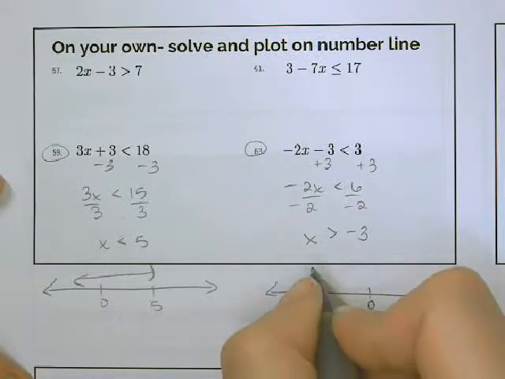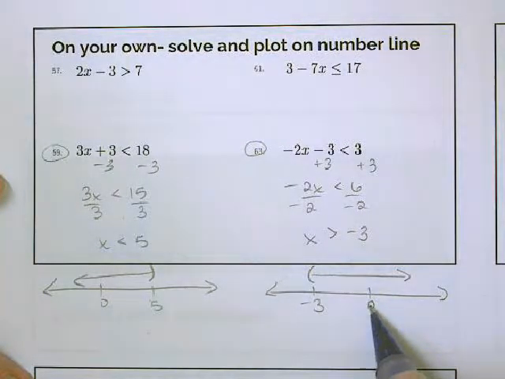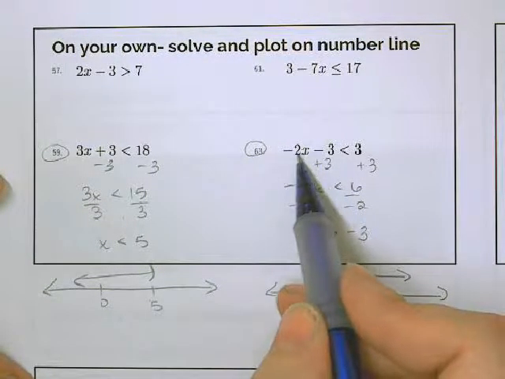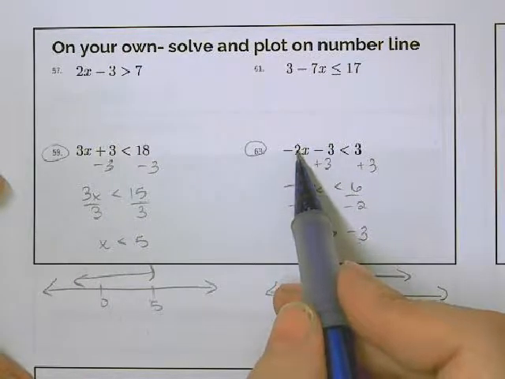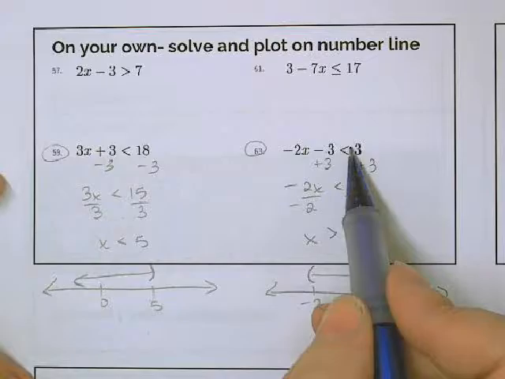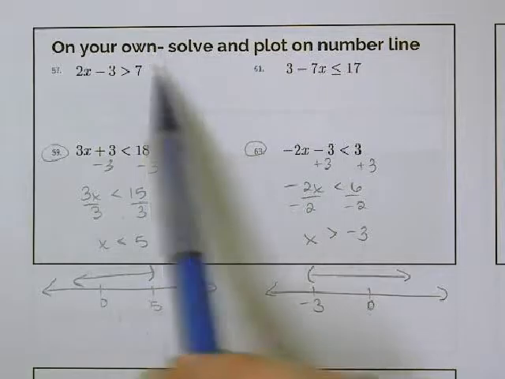And if I put 0 in there into my original, I get negative 2 times 0, which multiplies to 0. So I'm left with negative 3 is less than 3. And that is correct, that negative 3 is less than 3. So I have my arrow pointing the right direction. So you should do 57 and 61 on your own. Pause and write those down.